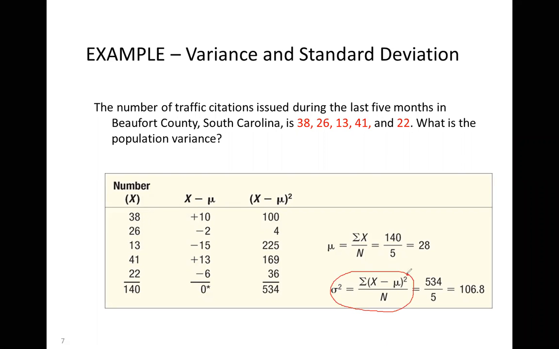So in the numerator we are squaring the deviation around the center. First the values, then we add one column x minus mu. So what is the value of mu? Adding the values up, then dividing by their number, the sum of the values 140 divided by 5 gives you the average, so mu equals 28.